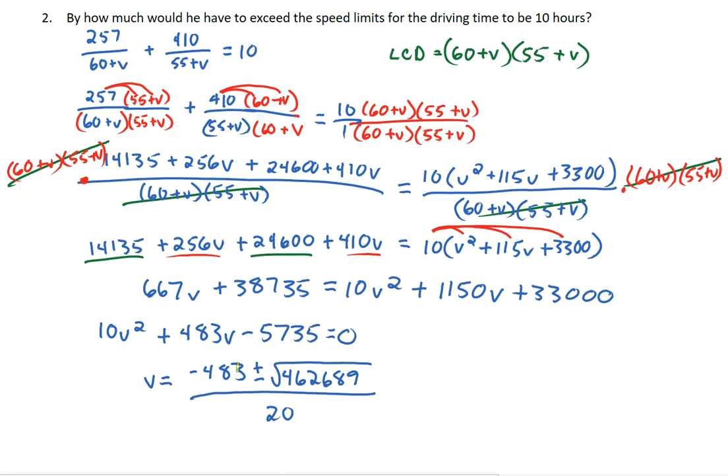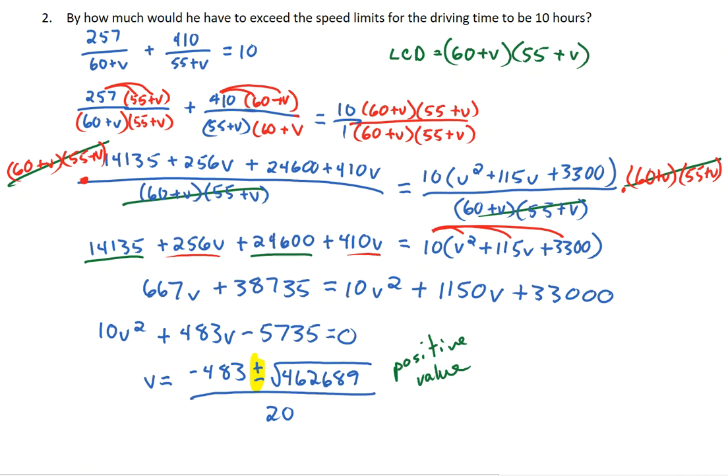Now, we do have a plus or minus here, which will give us two values. But since our v stands for how much we're speeding by, we only want the positive value. The negative value wouldn't make sense as a speeding value. Because of that, I'm not even going to try to calculate it.